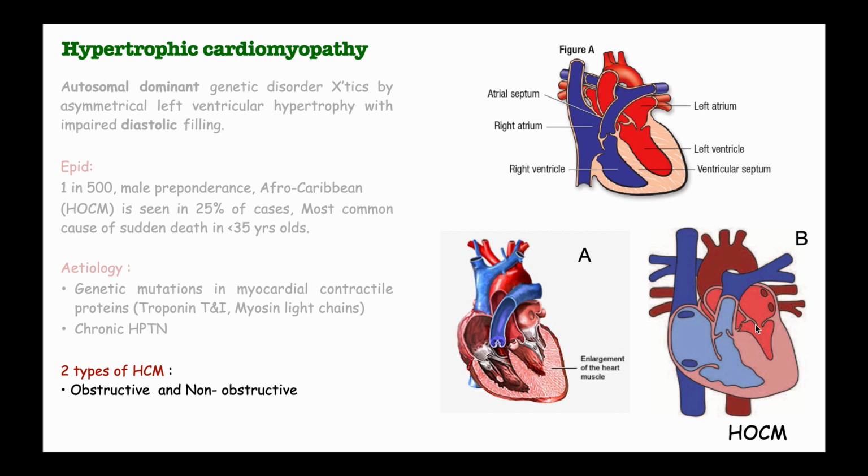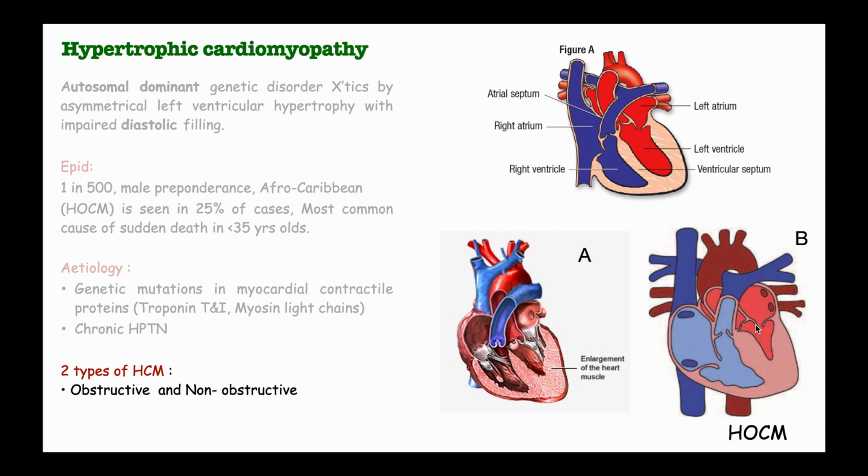And so if there is an obstruction, as we've explained over here, very little blood goes out of the left ventricle, and as such, there is reduced myocardial perfusion. So ischemia sets in and it leads to sudden death of such athletes. We've seen a lot in history. So this is what actually occurs in hypertrophic obstructive cardiomyopathy.